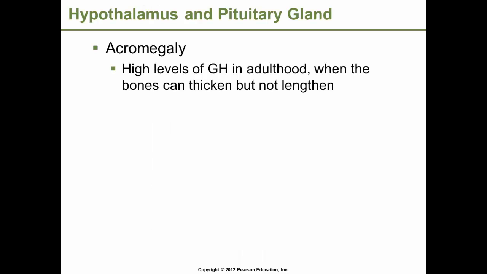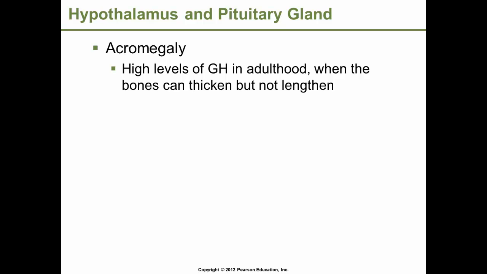Acromegaly, on the other hand, occurs when high levels of growth hormone occur during adulthood, when the bones can thicken but can't lengthen any longer. Acromegaly simply means enlarged extremities: the enlargement of the tongue, thickening of bones in the hands, feet, and face. Both giantism and acromegaly are associated with reduced life expectancies.